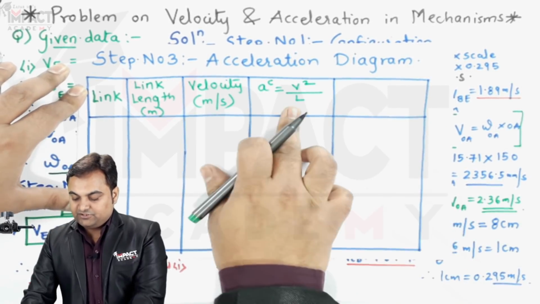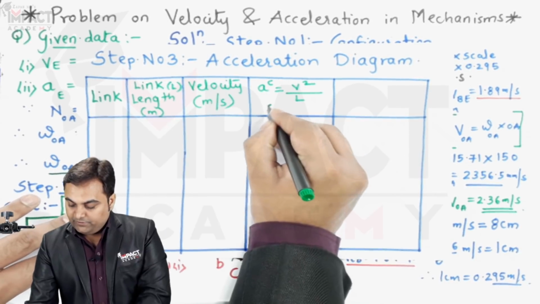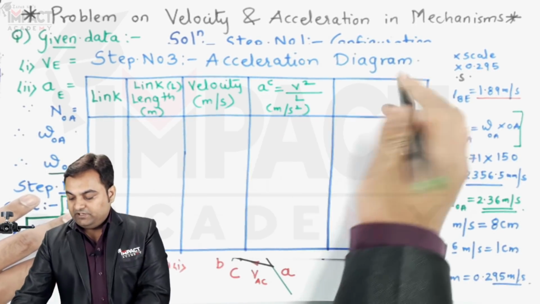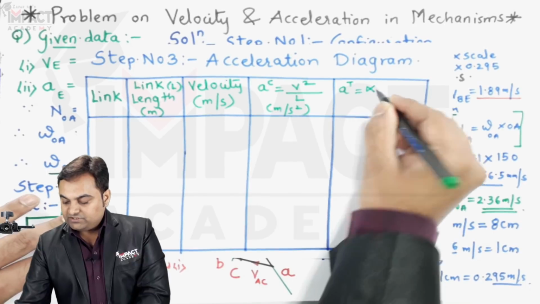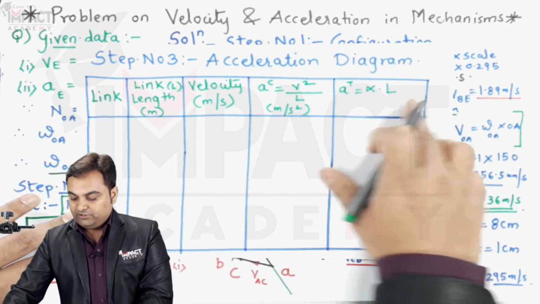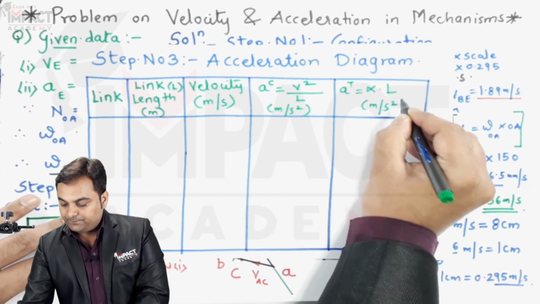I'll say link length is denoted by capital L. Unit would be in terms of meter per second square. After centripetal acceleration will be tangential acceleration, which is alpha, that is angular acceleration into the link length denoted by capital L, and the unit would be meter per second square.